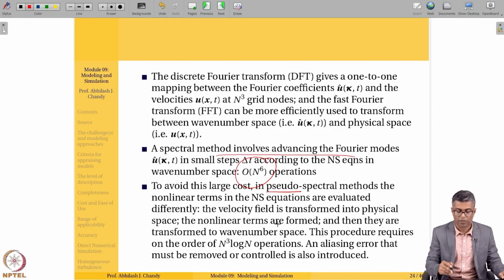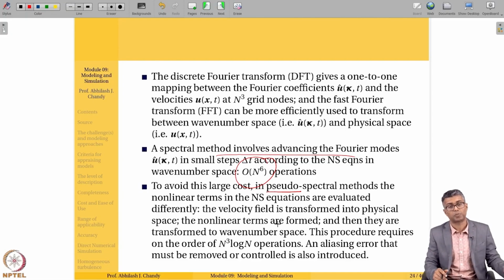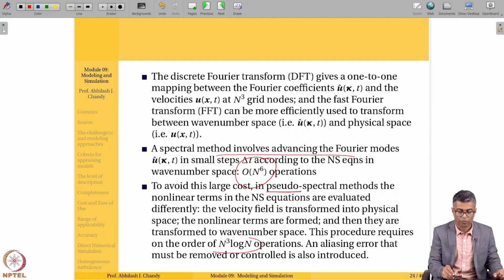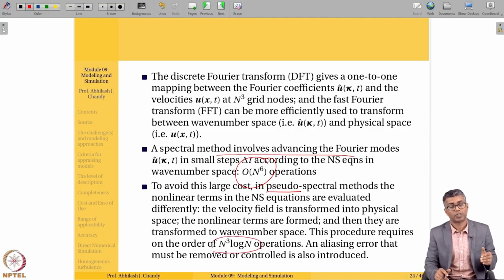So that's what is given here. The velocity field is transformed into physical space, the nonlinear terms are formed, and then they are computed in wave number space. As a result of this conversion, the procedure requires of order n cube log n operations. So now you have significantly reduced the number of operations because of this switch into physical space.